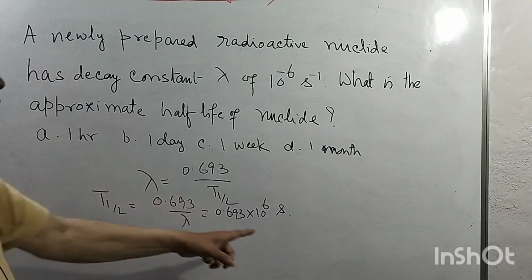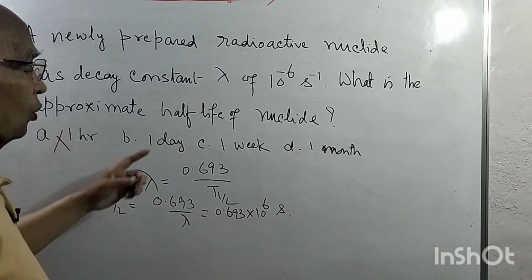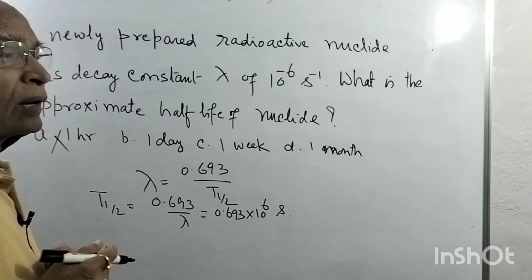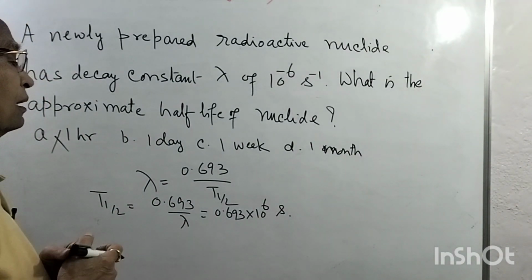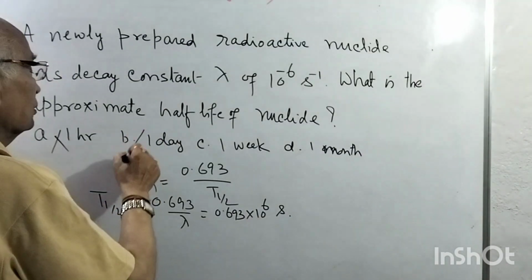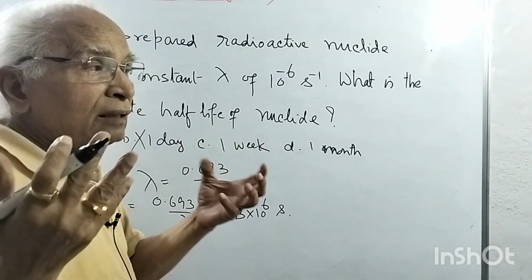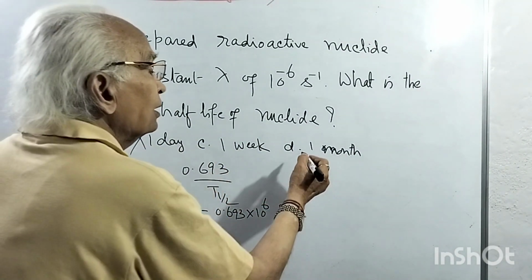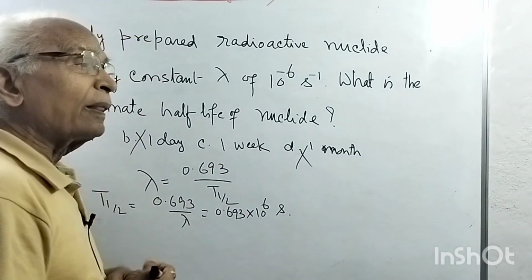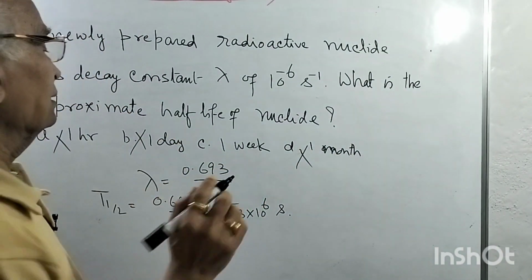Well, 1 hour is not having so many seconds, so obviously this is not correct. 1 day also, you know, 24 hours, so how many seconds are there? So that also not. 1 month is very large. You can get 30 into 24 into 60 into 60, obviously. So this is large. So just judge the answer from your common sense.